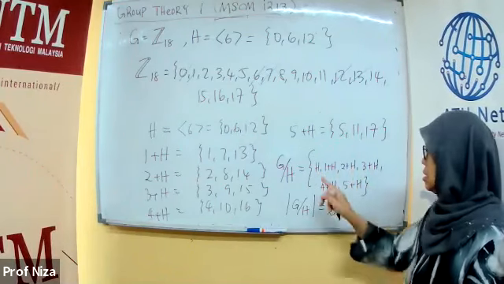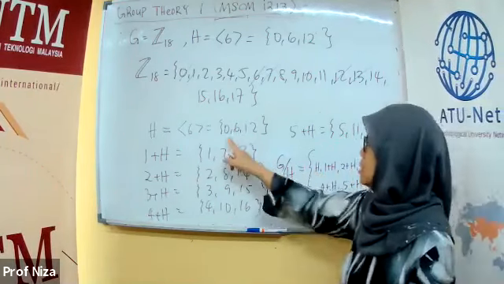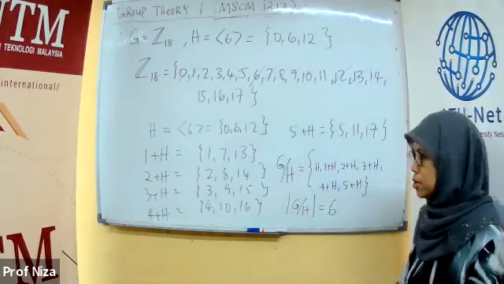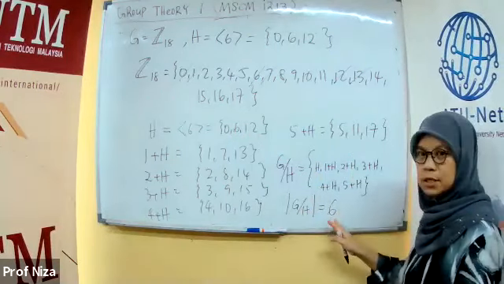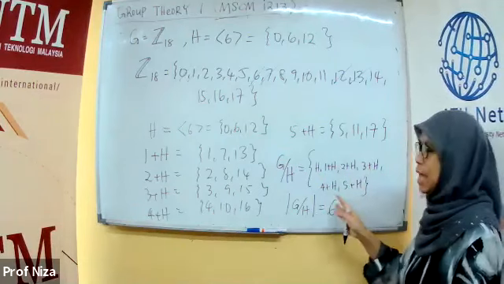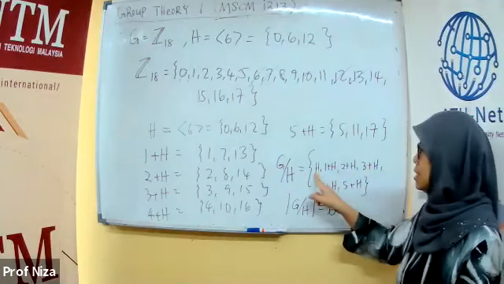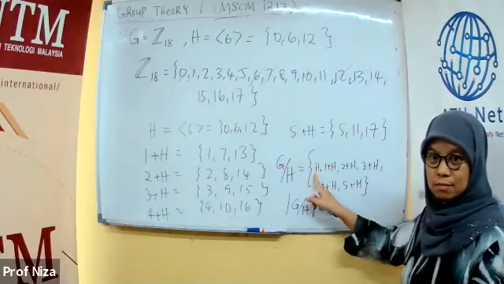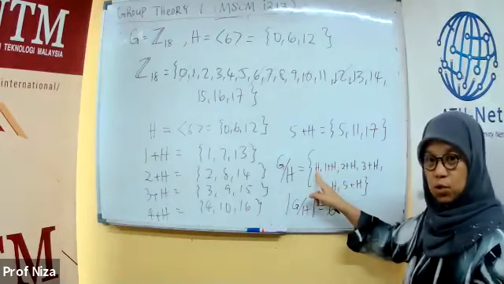We don't say the order of here is 3 anymore, because this is a group of order 6 with the 6 elements, and this is actually the identity. This is the identity of this group.